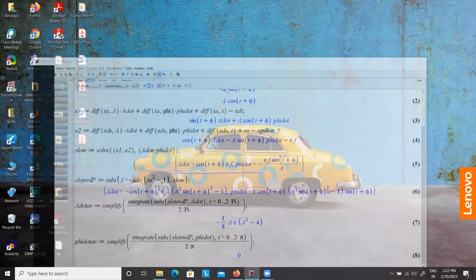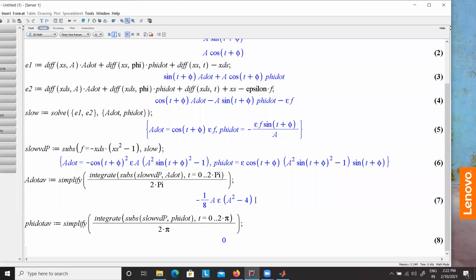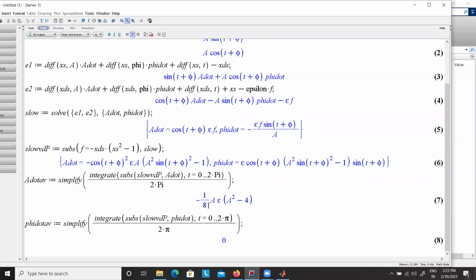Okay, so this is our equation. What is it for small a? For small a, it is a by 2 times epsilon, you see. So a grows exponentially. You can see that. For very large a, a squared is much bigger than 4, and so it is basically minus a cubed epsilon by 8.